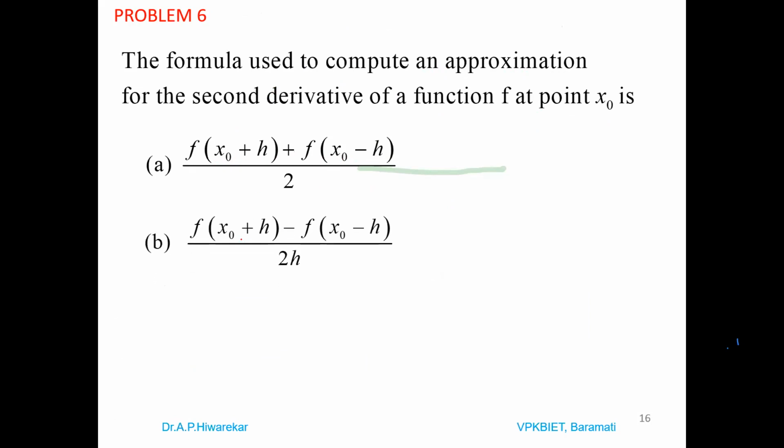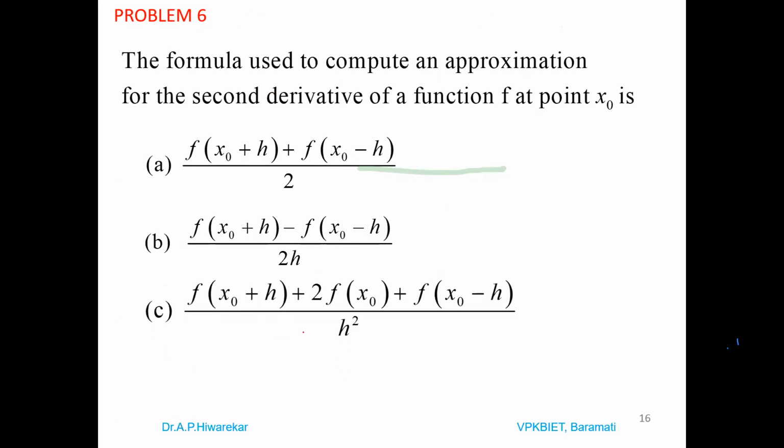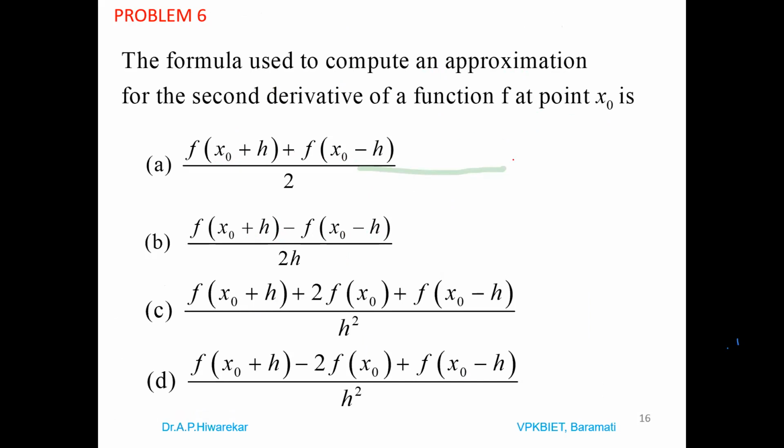B is f of x0 plus h minus f of x0 minus h divided by 2h. And C is this as well as D is this. For this problem, you require to calculate derivative. So we will see how we can proceed for this. You need to calculate from the definition of derivative.